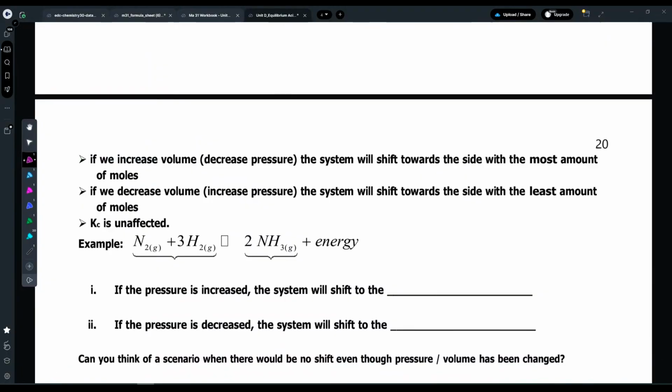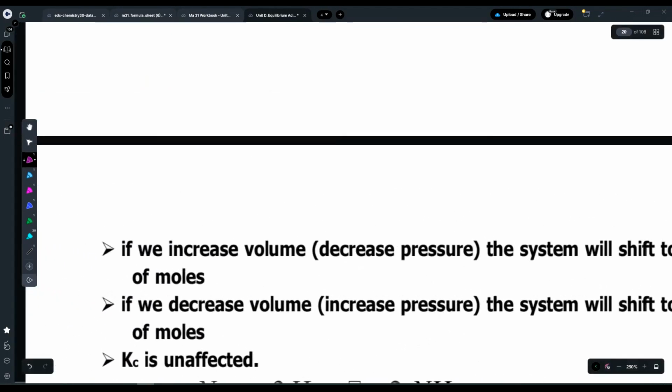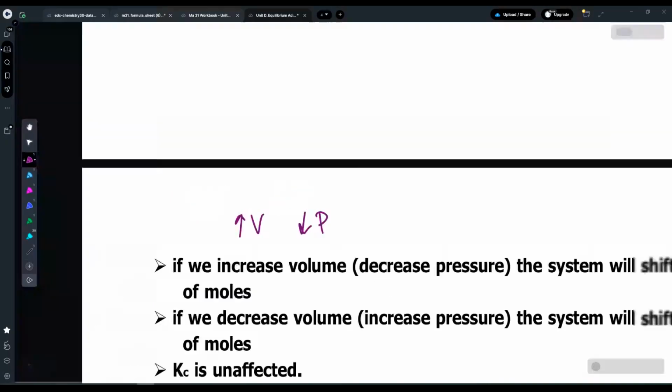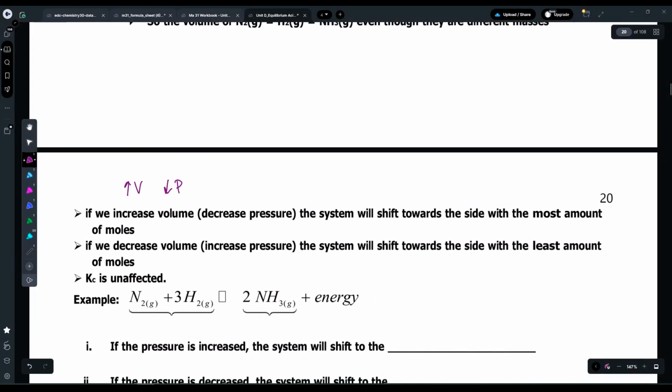All right, so if we increase volume, that would result in decreasing the pressure. So if we increase volume, which would decrease pressure, the system is going to shift towards the side with the most amount of moles.